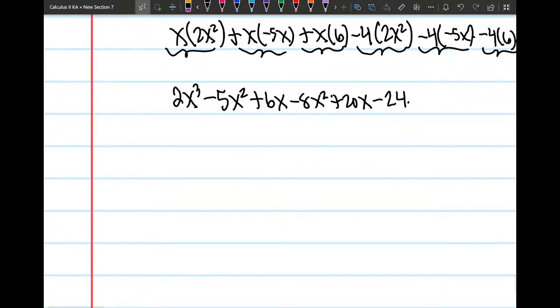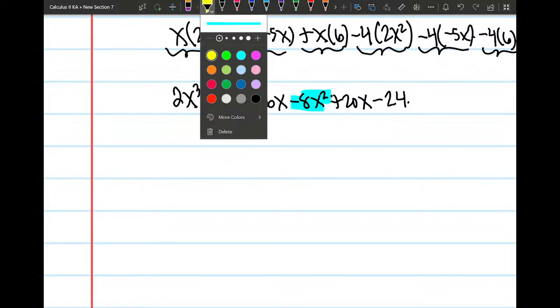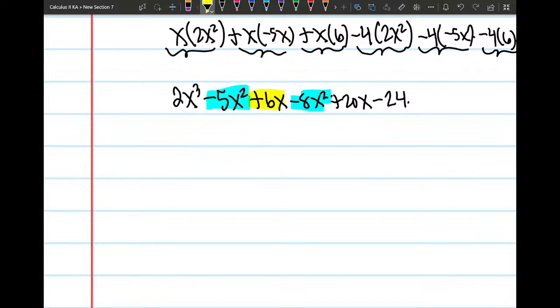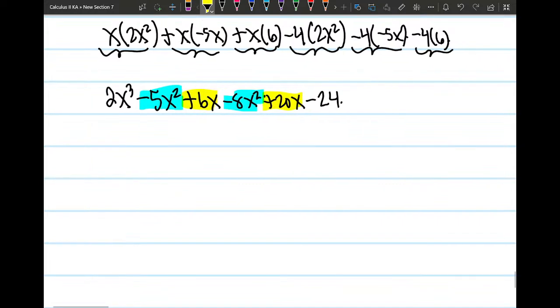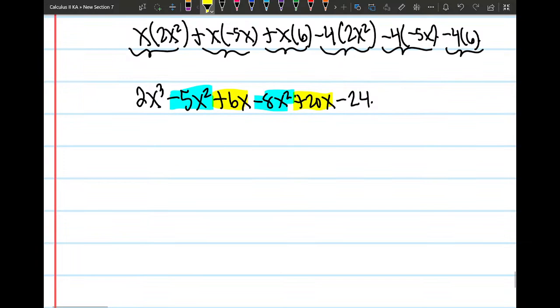So now we're going to combine our like terms. So let's do that. We have negative 5x squared, negative 8x squared. We also have 6x, 20x, and I believe that's it for that.